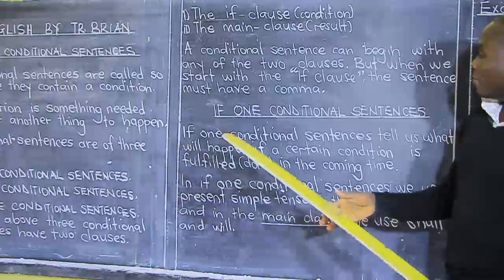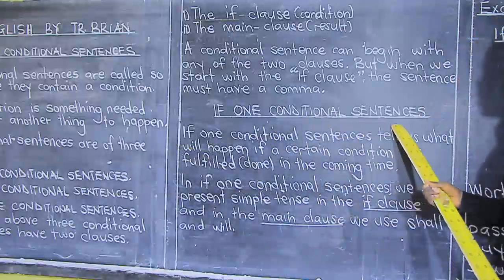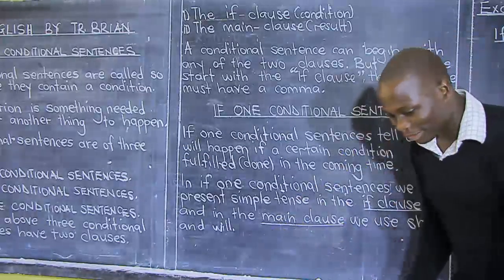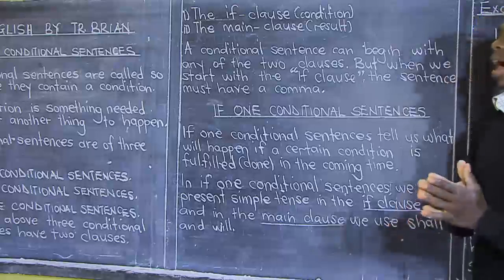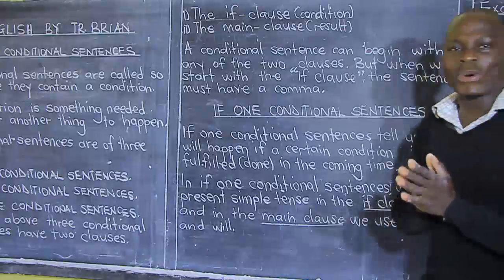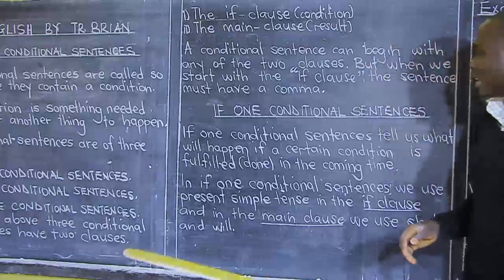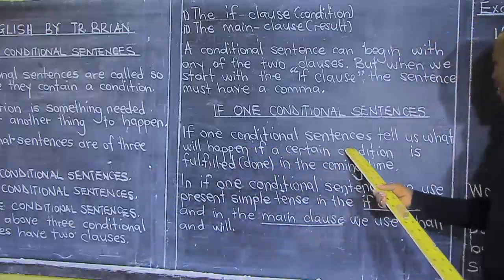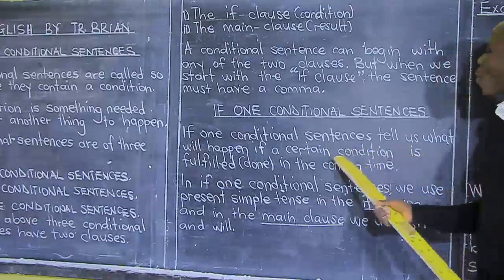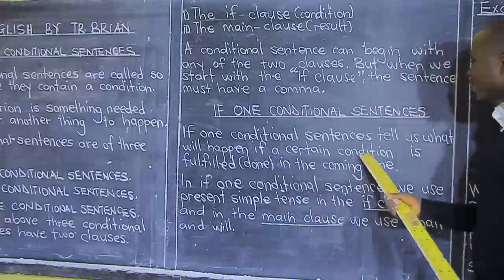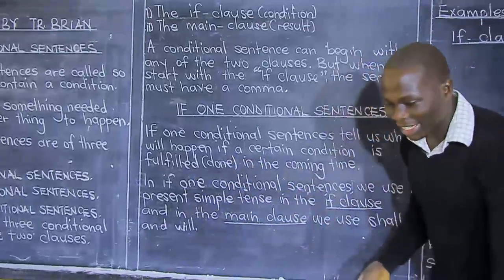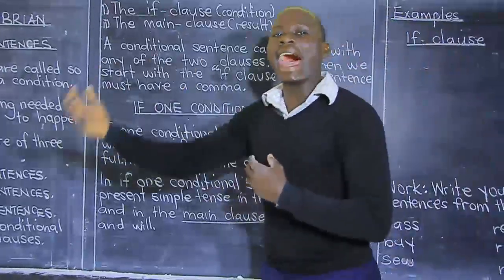Now, we are having the if-one conditional sentences. What do we do under if one? Let's read through this together. If-one conditional sentences tell us what will happen if a certain condition is fulfilled or if a certain thing is done.